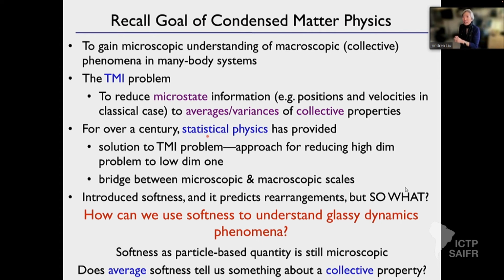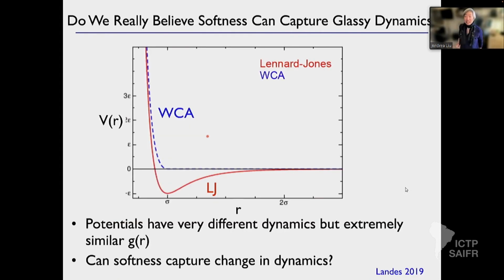So this is where, in answer to the question earlier about potentials, here are two systems of two different potentials. One is the Lennard-Jones interaction, and the other is the Weeks-Chandler-Anderson interaction, which is the same, except you take the system, you chop it off at the minimum.